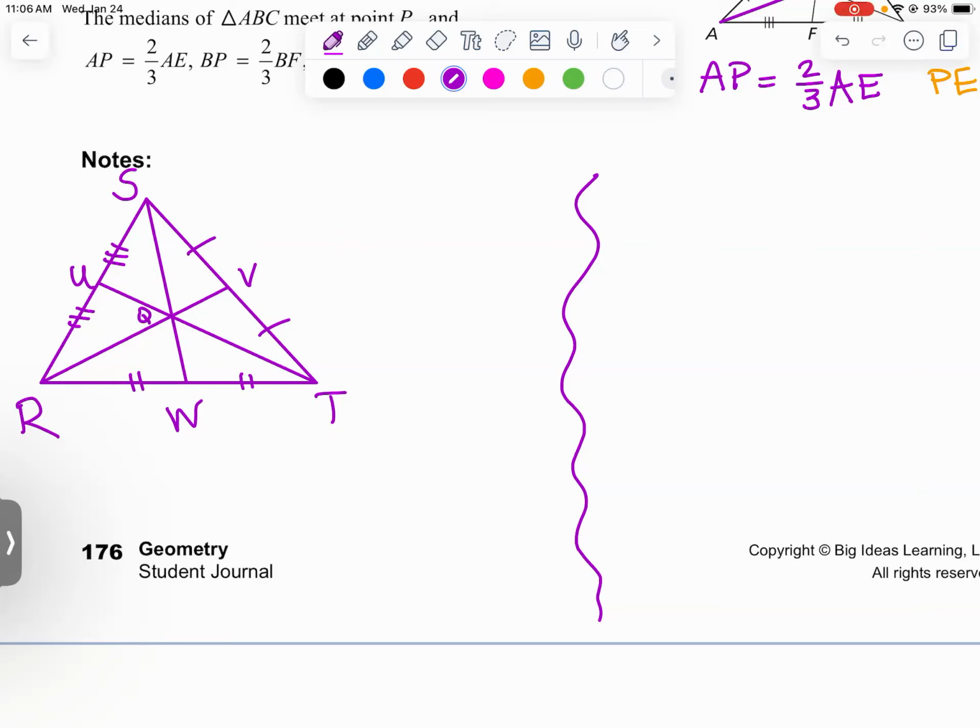That's a Q in the middle for the centroid.